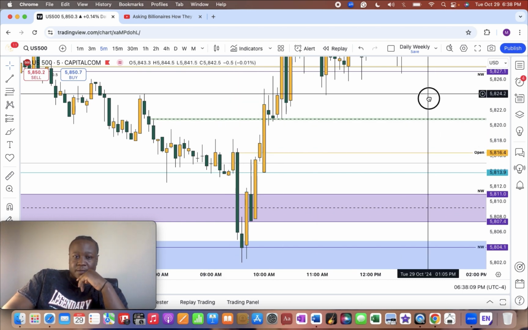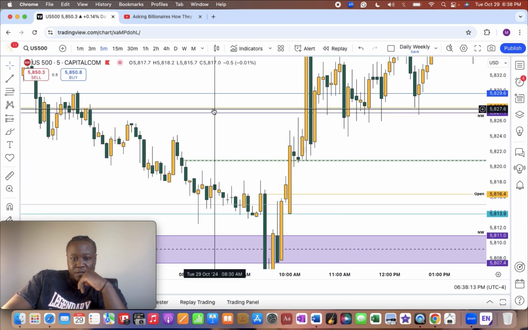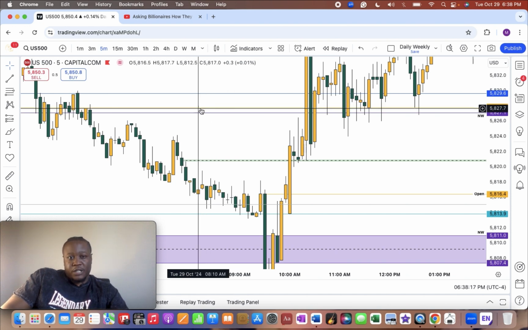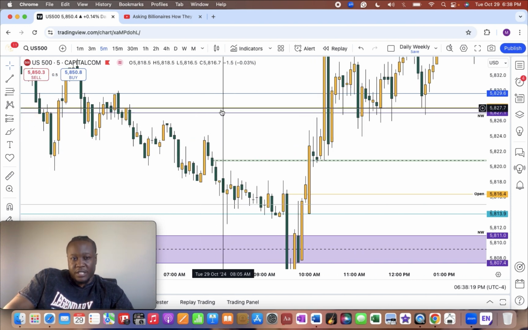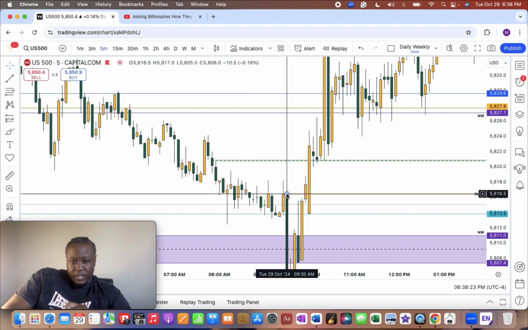Because this line right here is where the market closed last night. So yesterday, this is where the market closed. The previous day on Monday, this is where it closed, and this is where it opened this morning.